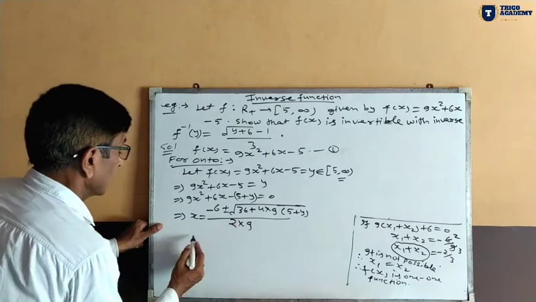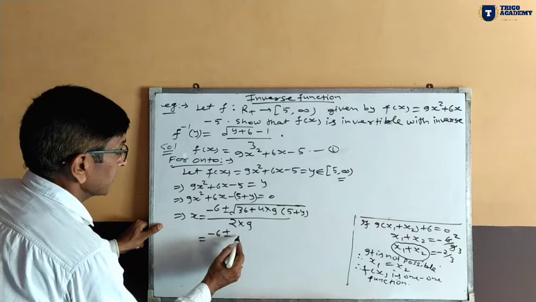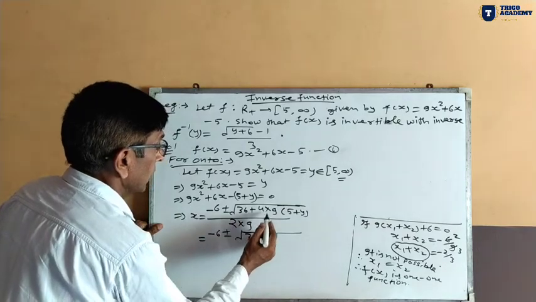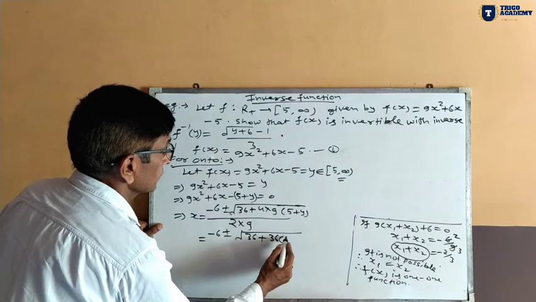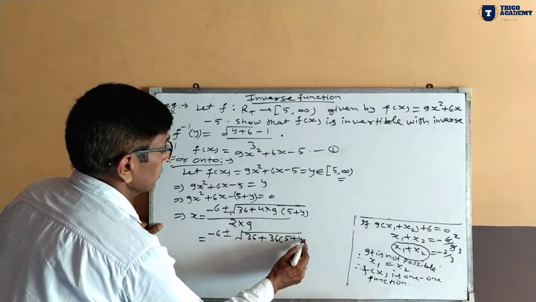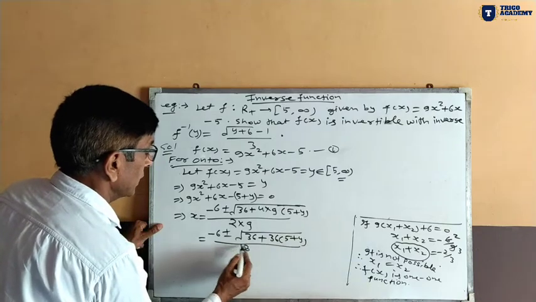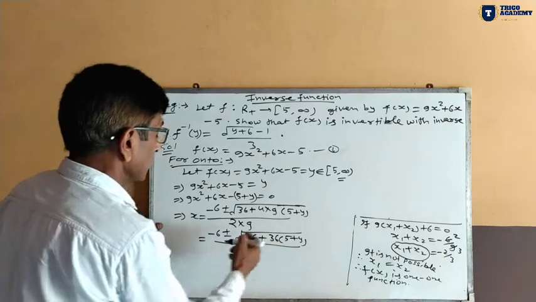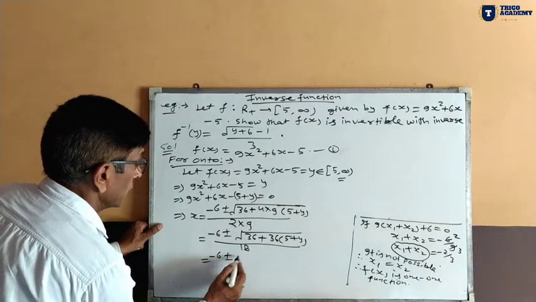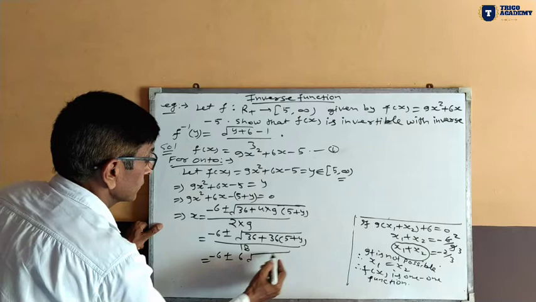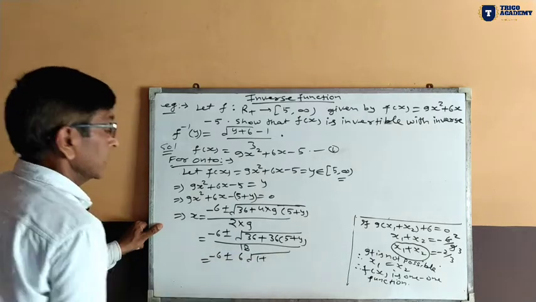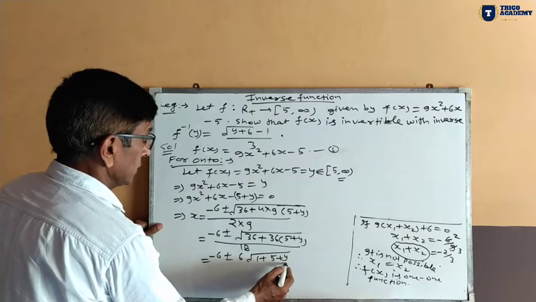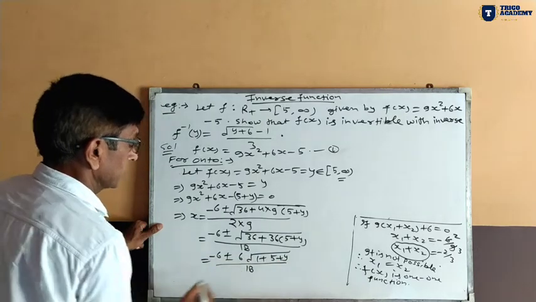Now minus 6 plus minus root 36, and here 9 times 4 is 36, times 5 plus y, upon 18. On taking 36 as common from this root, it becomes 6, and in the root 1 plus 5 plus y are left.